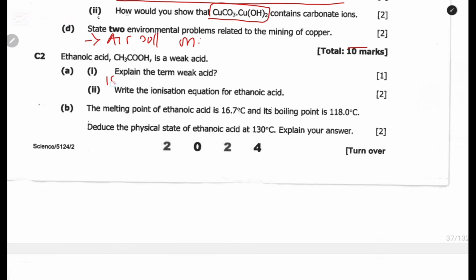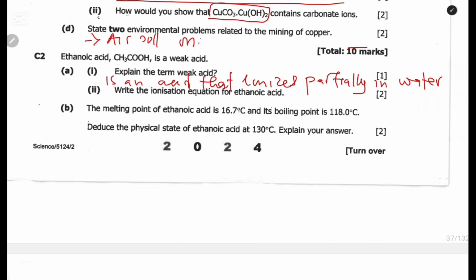A weak acid is an acid that ionizes partially in water.